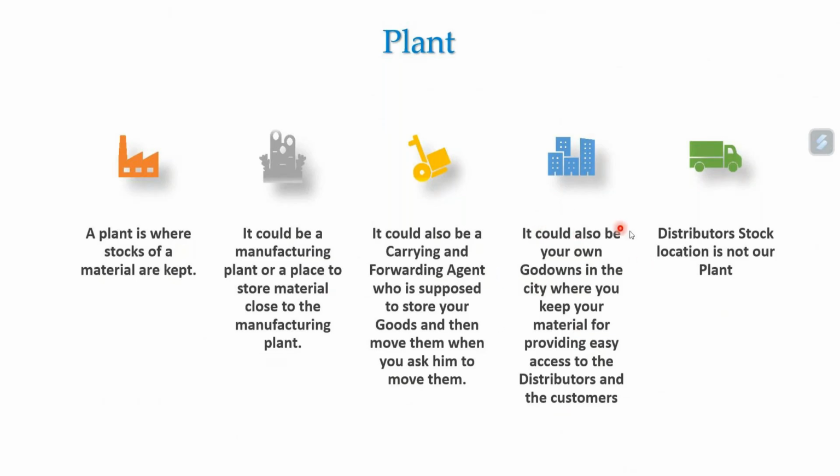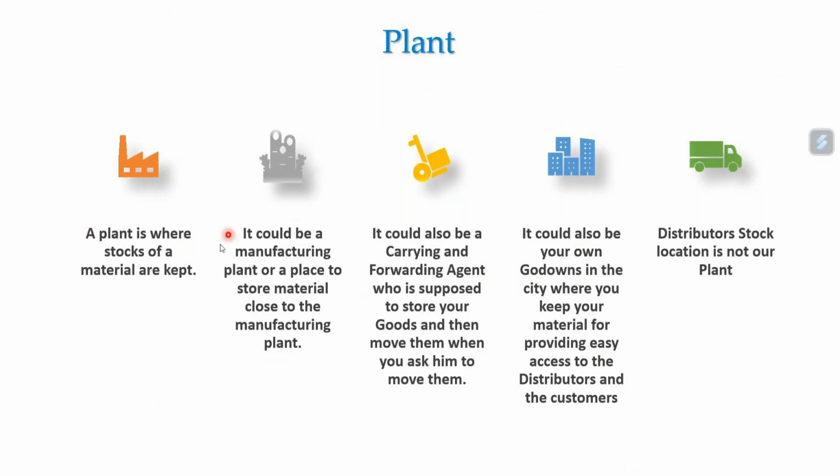Okay. The distributor stock location is not our plant. And why is that? Because you have sold it to the distributor. It is not your stock. Because it is not your stock, it is not your plant. Okay. Your stock, wherever it is kept, is your plant. Let's remember it like that. Obviously, you made it here, so it's kept here, so it's your plant.